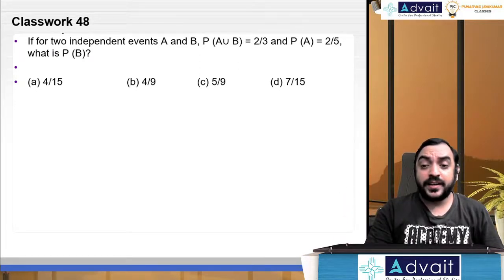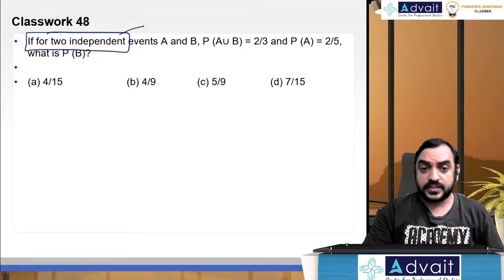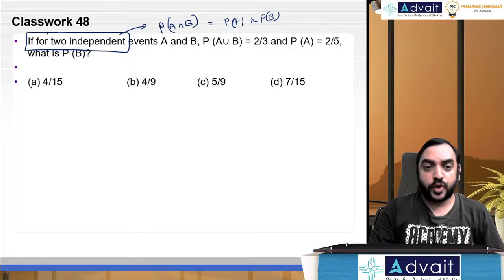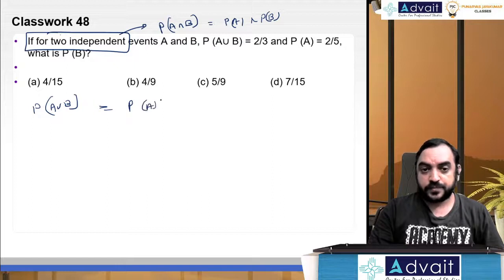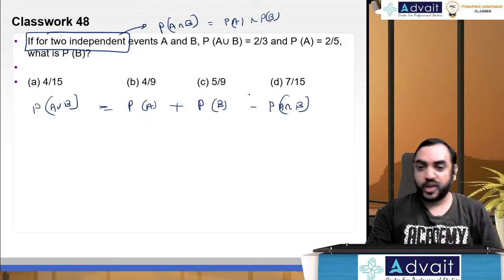For two independent events, I hope you know what independent events means. That is the property that probability of A intersection B is written as probability of A into probability of B. Let's use the formula. Probability of A union B is probability of A plus probability of B minus probability of A intersection B. You have to know the formula.